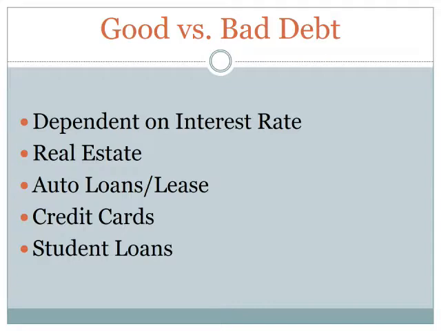However, this may not be true for all of you. Military members can often get credit cards at a lower interest rate, and if you pay your credit card off each month using those budgeting skills you learned in the first series, credit cards aren't necessarily bad. Student loans also generally get labeled as bad debt. However, bad is relative, as without those loans, you may not be a doctor.